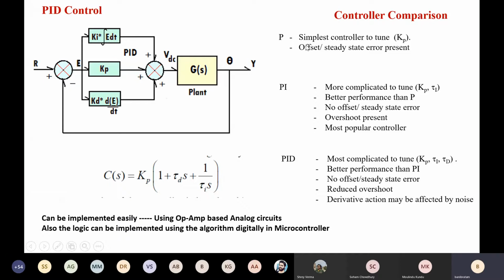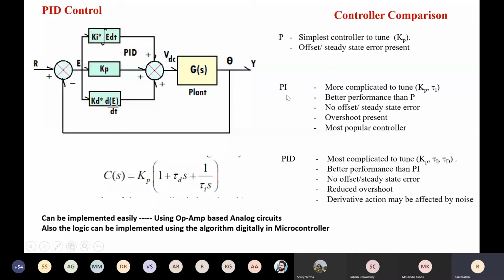Now, if you compare among these three controllers, if you use simply P control, then what will happen? Only one parameter in the controller was there, KP, right? And what do we mean by tune? That we will see in the next slide. So only one parameter was there in my controller, KP. But the disadvantage was there was a steady state error or offset.